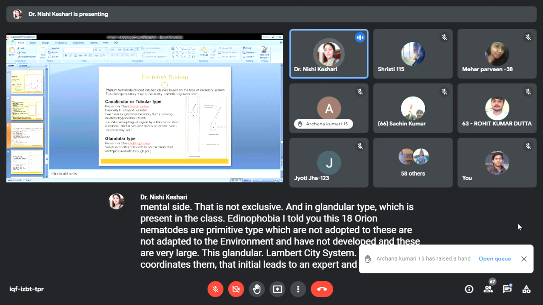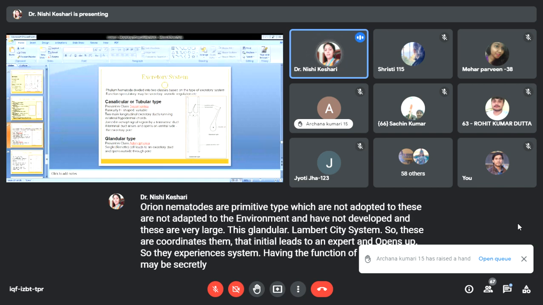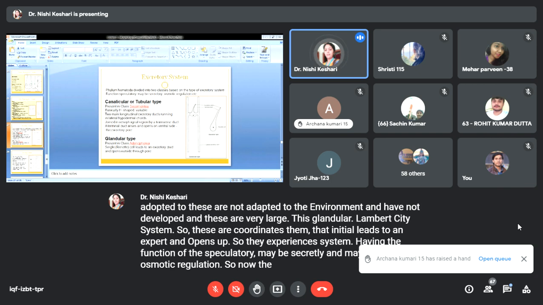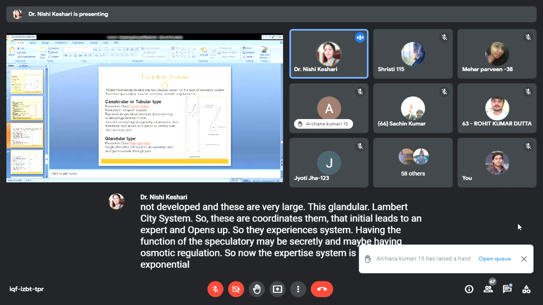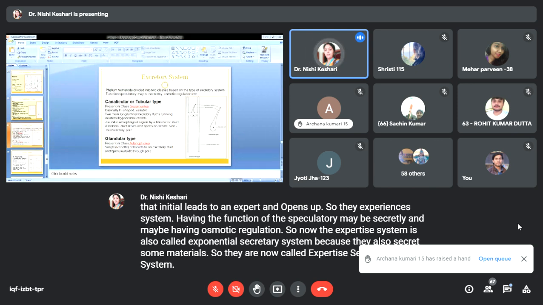The excretory system has the function of excretion, may be secretory, and may have osmotic regulation. So now the excretory system is also called the excretory secretory system, because they also secrete some materials. So they are now called the excretory secretory system. You all got it?